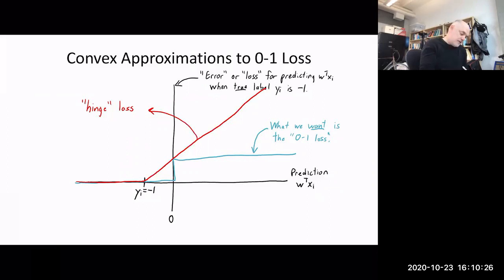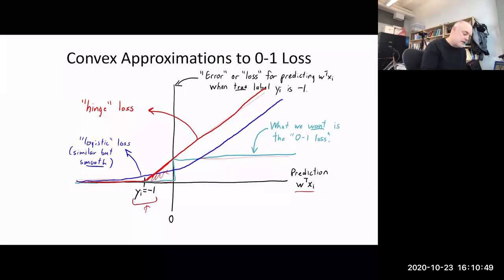What does that logistic loss look like? Remember, if the true label is -1 and our prediction is W transpose xi, and the output is the sign, then we really want 0 penalty over here. We want some positive penalty over here, and we said, okay, if we put a little margin in, we have some penalty here, which encourages the weight vector to further separate the data. The logistic loss looks like this. It's very similar to the rest.